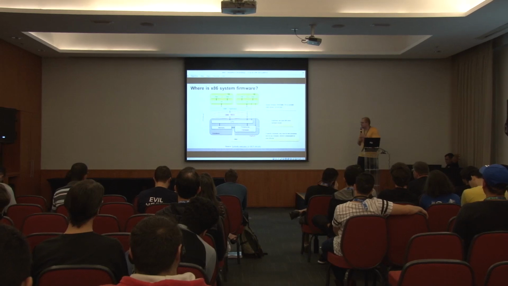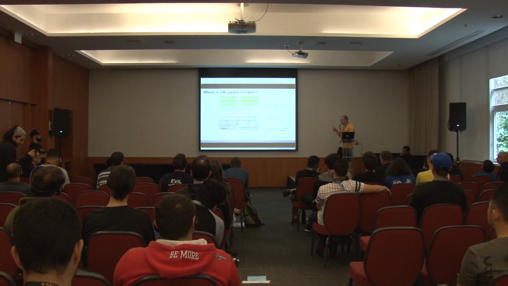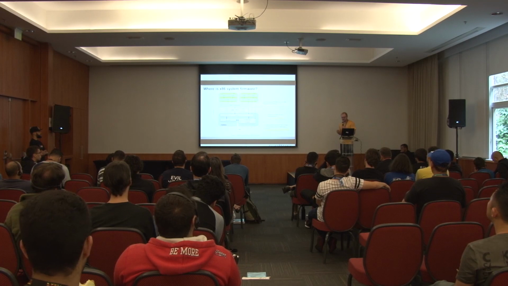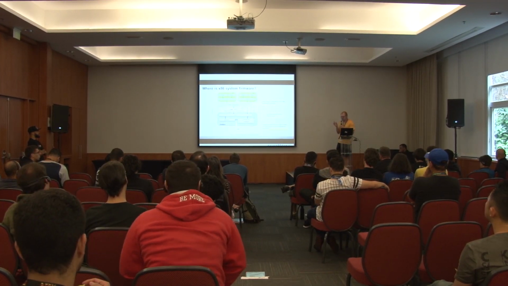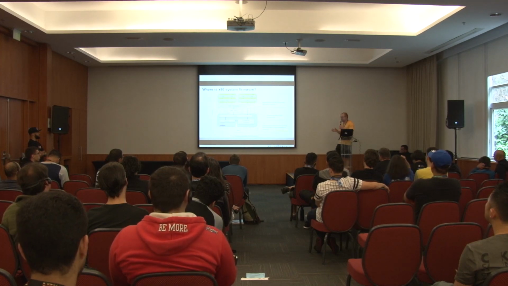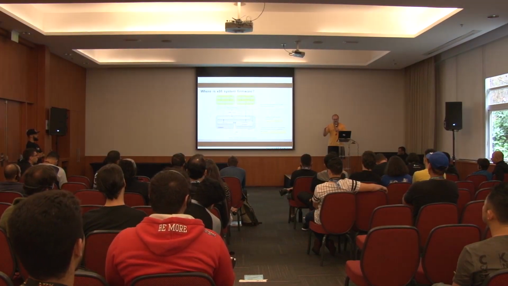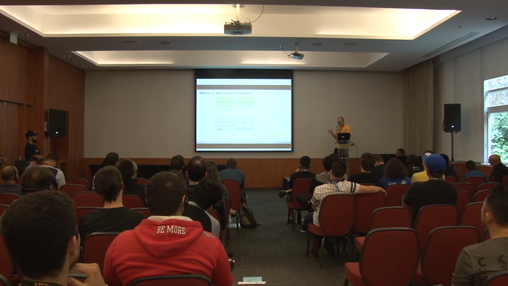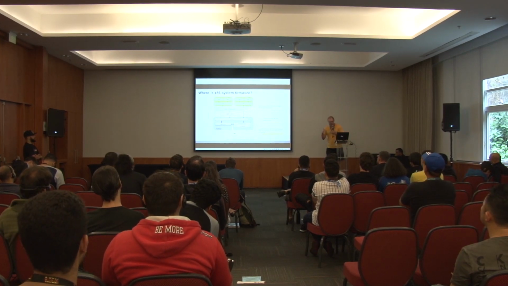Then we have the SMM and BIOS. SMM is system management mode, the most privileged code in the system, which is basically the runtime part of the BIOS. In an x86 system, the BIOS has two parts: the boot time part and the runtime part. The boot time part is the code which runs right at the beginning after the system is on, and the runtime part of the BIOS supports some functionality during runtime.